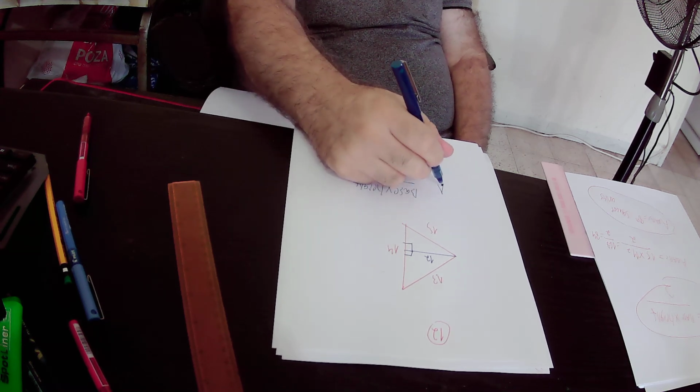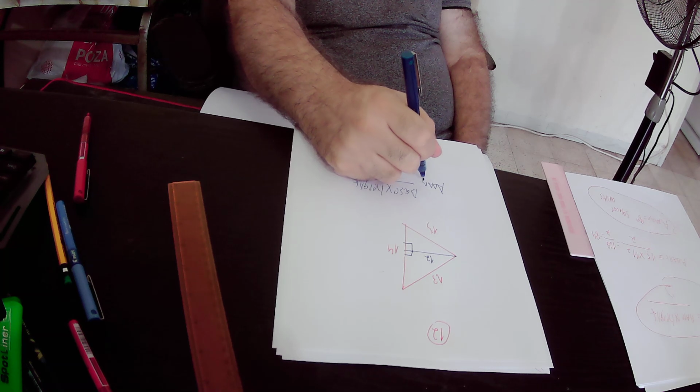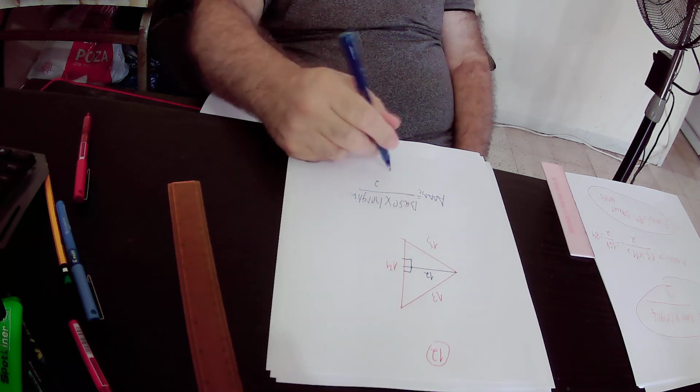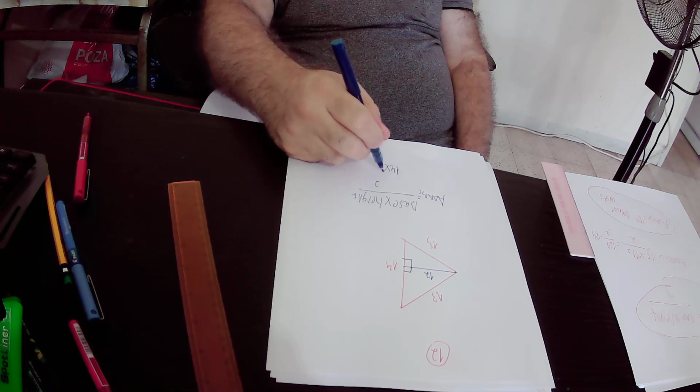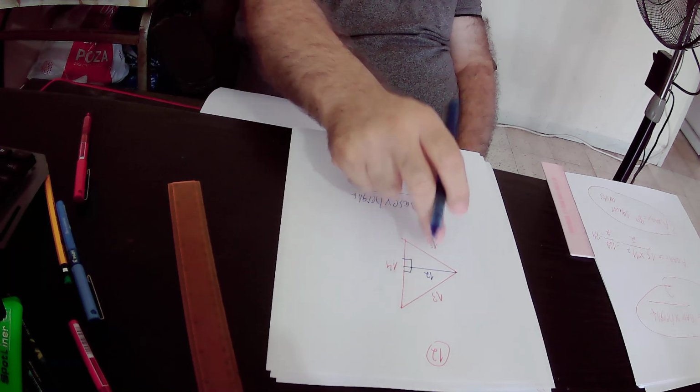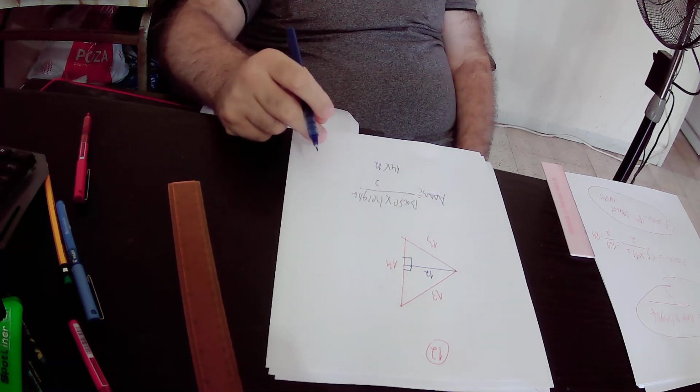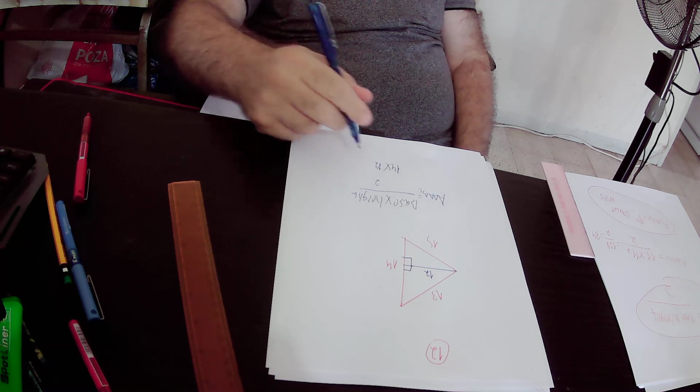So the area of triangle ABC will be equal to the base, that is 14 units, times the height to the base, that is 12 units. Again, the height creates 90 degrees with the base, so this is indeed the height, over 2.